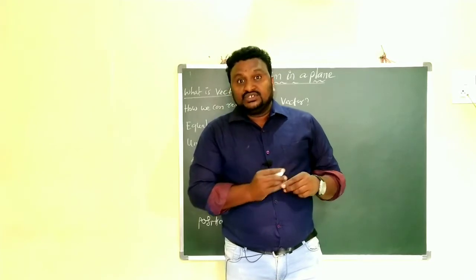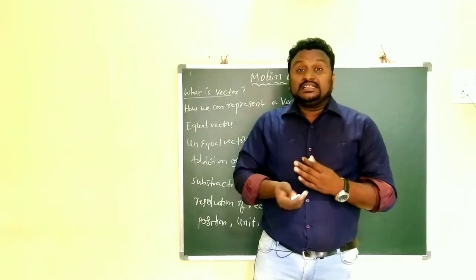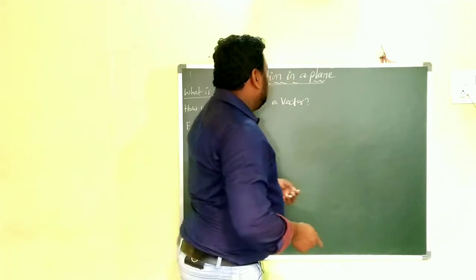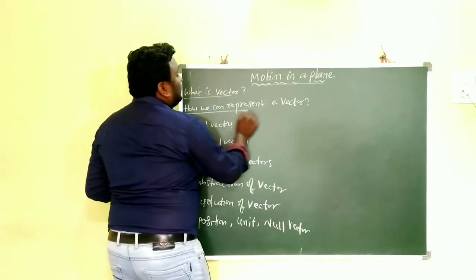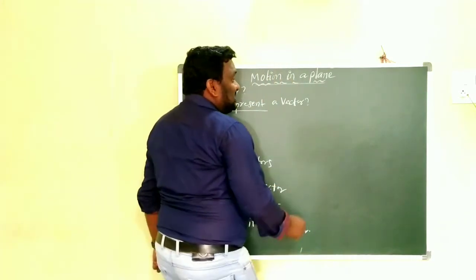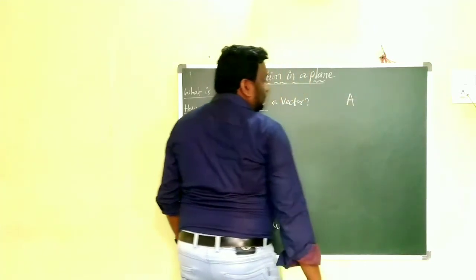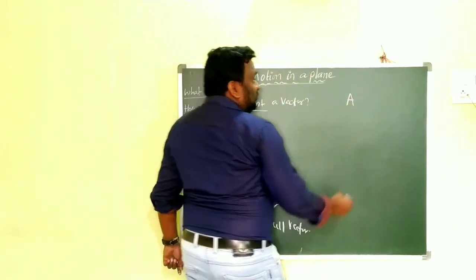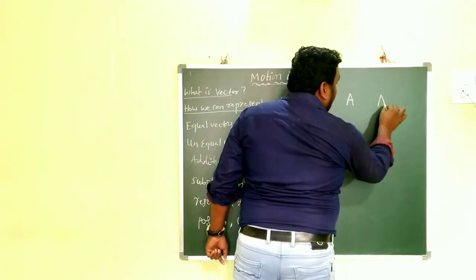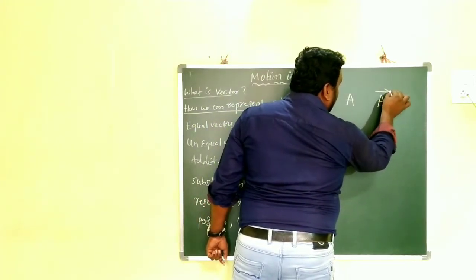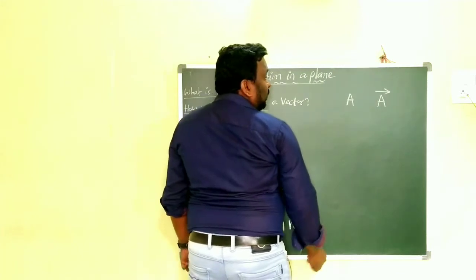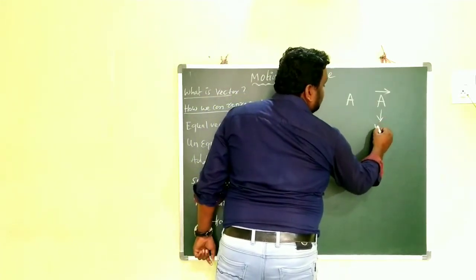Clear children? So how can we represent a vector? Generally, while writing, for example, this is a letter A. If we keep an arrow mark above the letter A, now it is a vector.